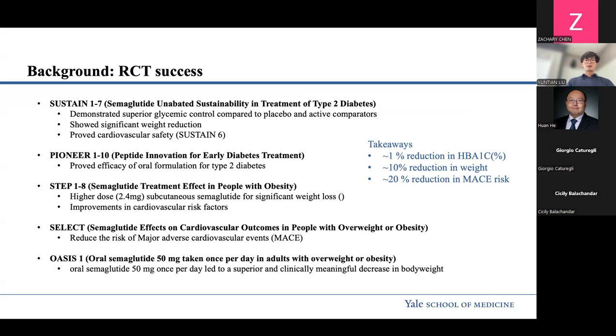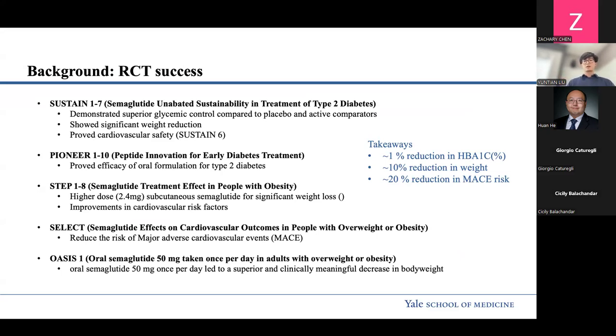Then the STEP trials, which tested for obesity and weight loss. Then the SELECT trials, whose results got released last year, which is also a big deal in cardiovascular diseases because it showed that semaglutide can also reduce major cardiovascular events.